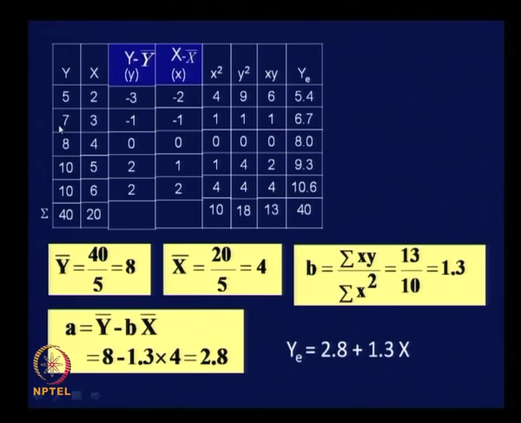The observed value of y is 5, the corresponding regressed value is 5.4. The second observed value of y is 7, the corresponding regressed value is 6.7. Then for 8 it is 8, exactly the same value. For 10 it becomes 9.3, for 10 it is 10.6. Of course the sum is the same, right. This is how we estimate the value of y.